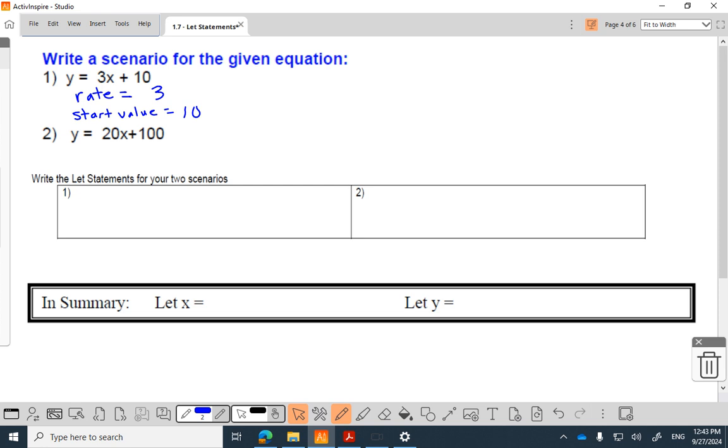Can you tell me something that you can make up where something starts at 10 and it's going up by 3s? Anything you want.